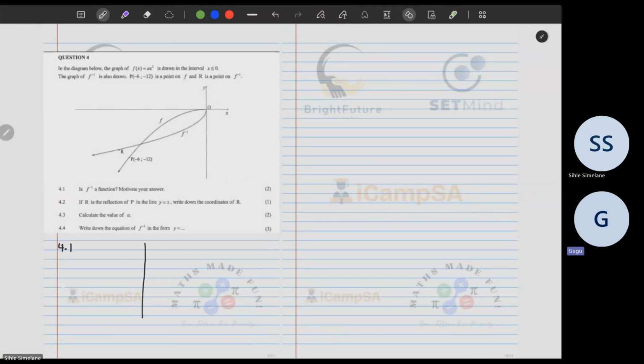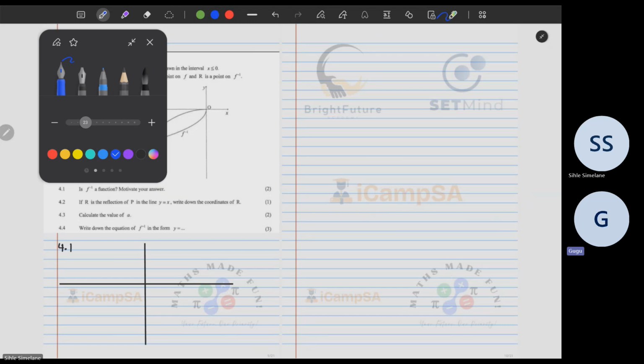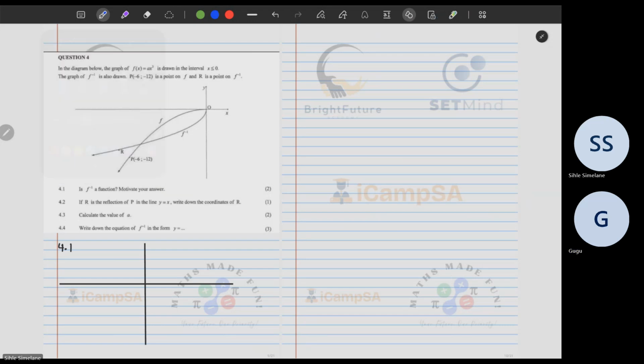Yes, sir, it's a function. Why is it a function? Because it passes the vertical line test. Yep, that is correct. If you look at that inverse, it is something like this. Let me quickly sort this out. If you look at our inverse, it is something like this. That is our f minus 1.